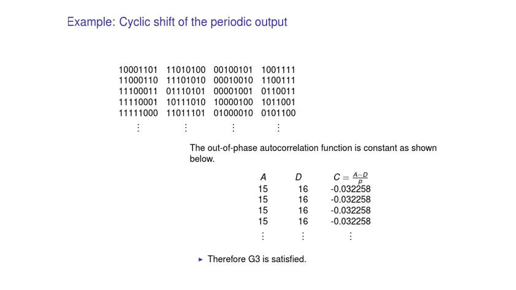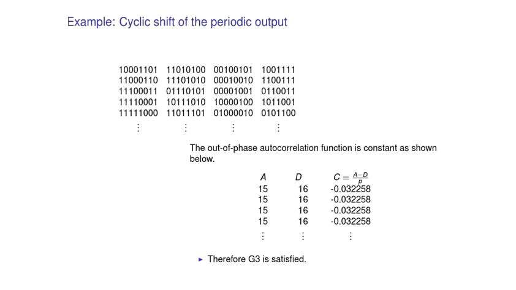So there are 1, 2, 3, 4, 5, 6, 7, 8, 9, 10, 11, 13, 14, 15 agreements. 15 agreements are there, 16 disagreements.